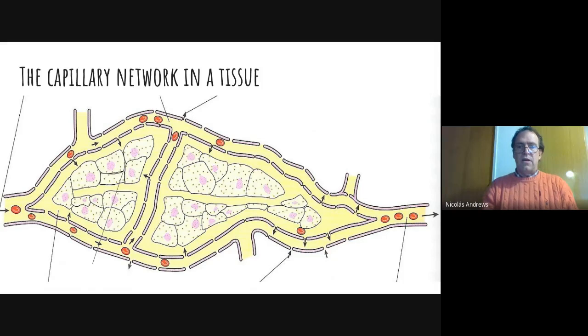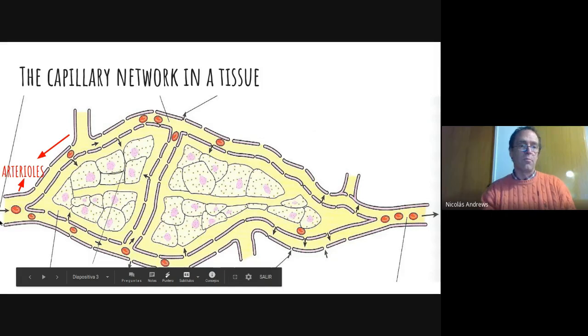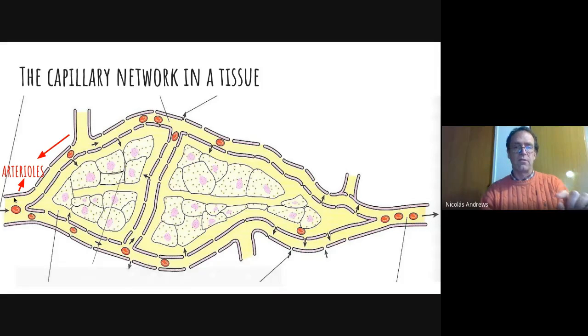Here you have a very, very simple, but at the same time very clear diagram that represents the capillary network inside a tissue. On one side, we have the arterioles bringing blood into the tissue. Remember, the arterioles are the smallest of arteries, okay? There are a couple of mistakes in this diagram that we could discuss later on.